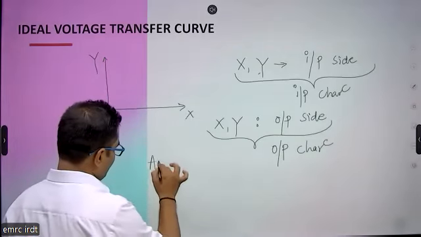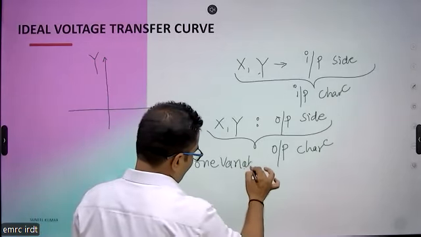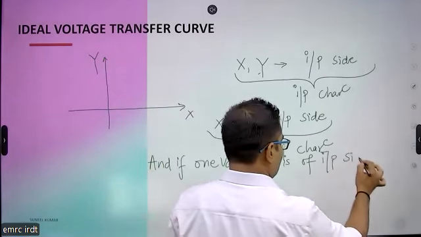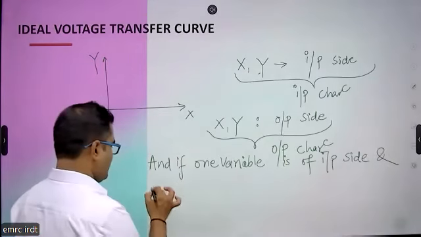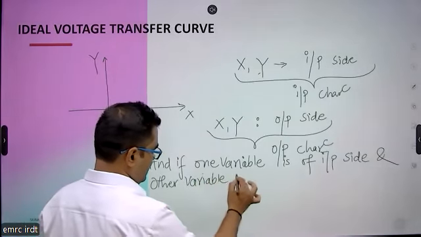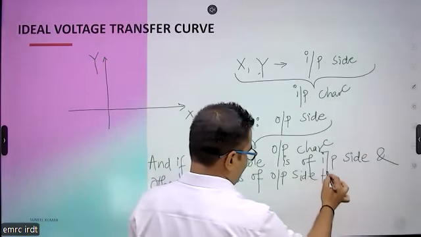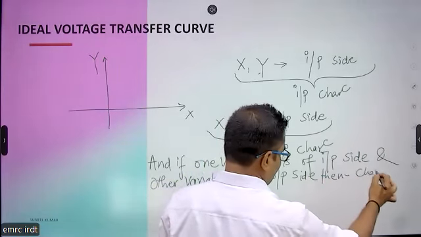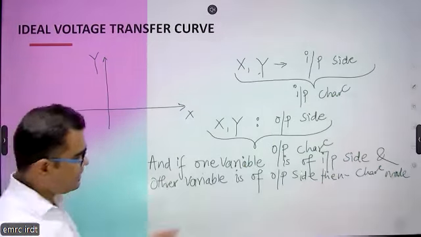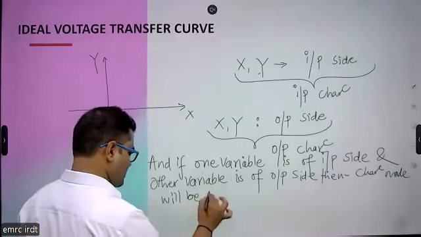And if one variable is of the input side and the other variable is of the output side, then the characteristic made will be known as the transfer characteristic.